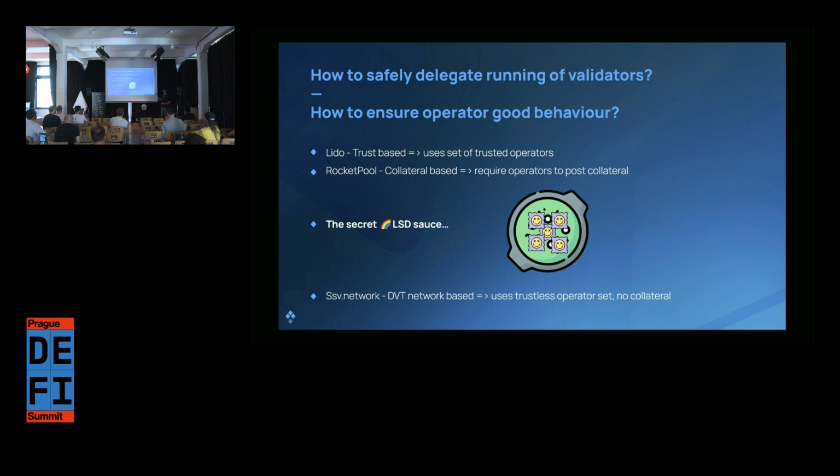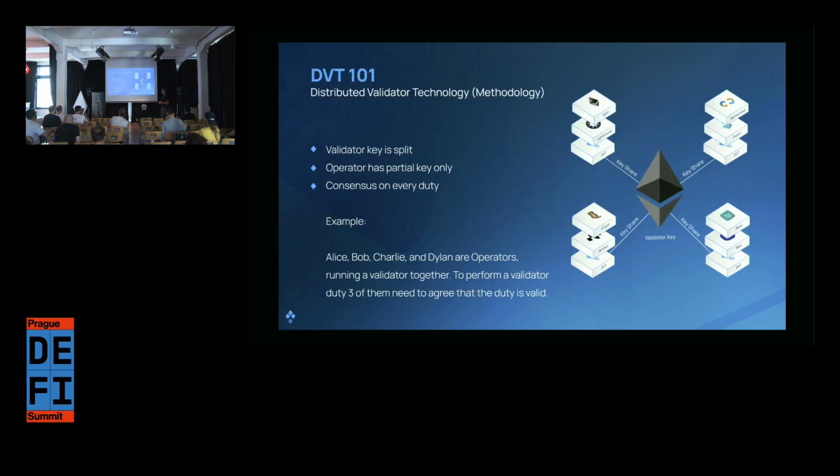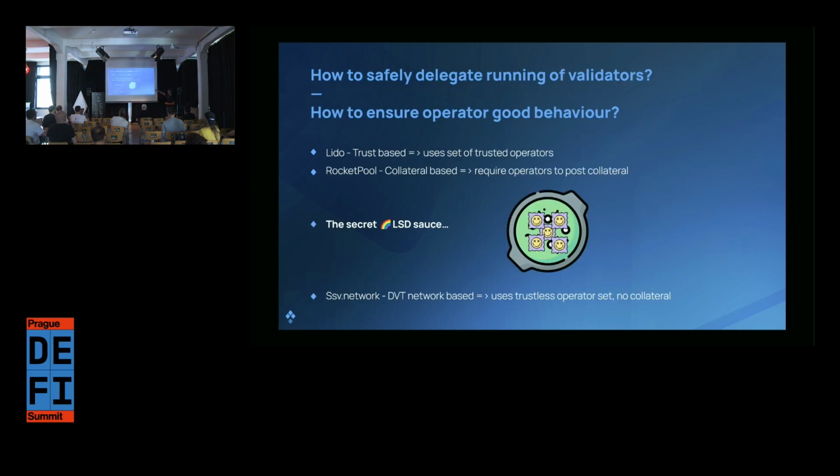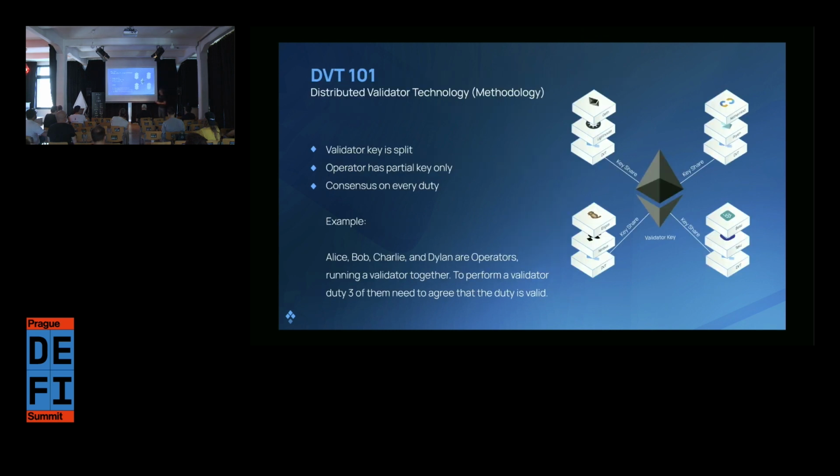I have a special presentation for that, but I will not go into details right now. For the purposes of this workshop, we'll be using SSV for the backend. That's one thing to get.